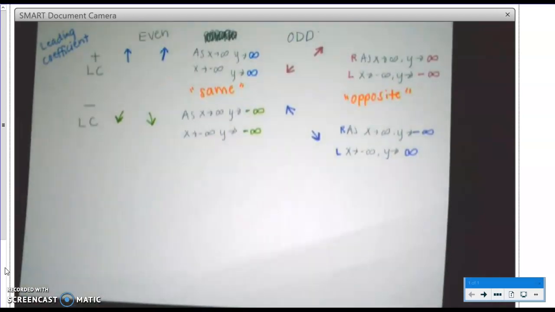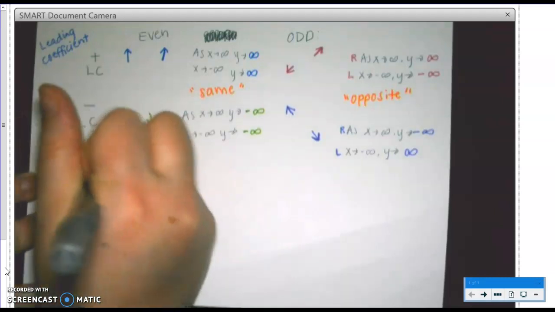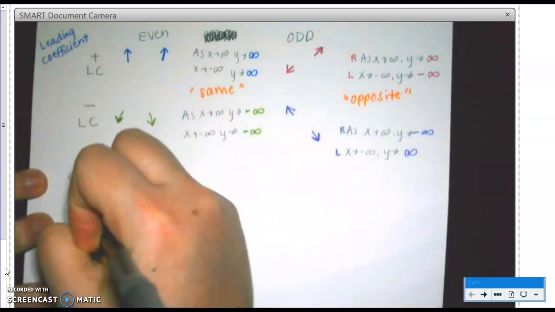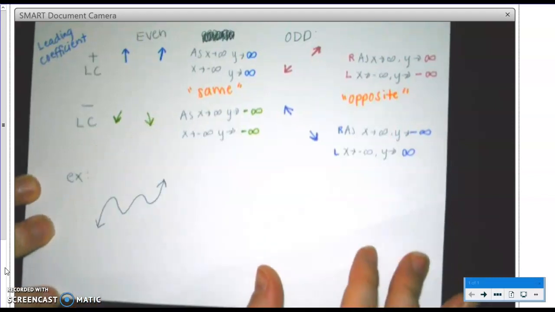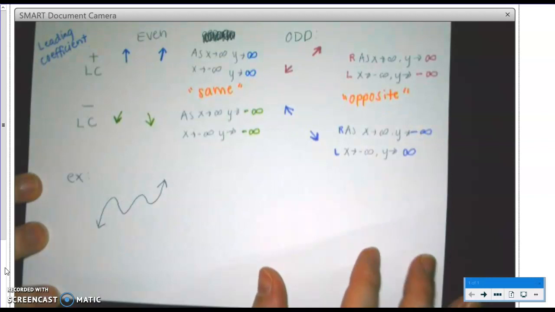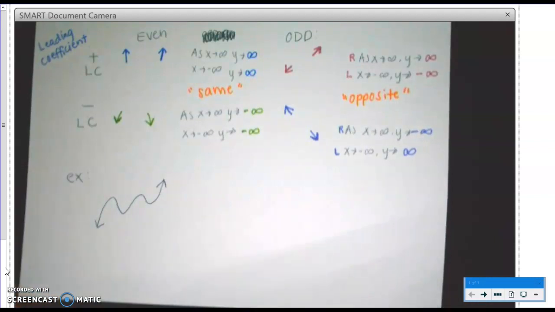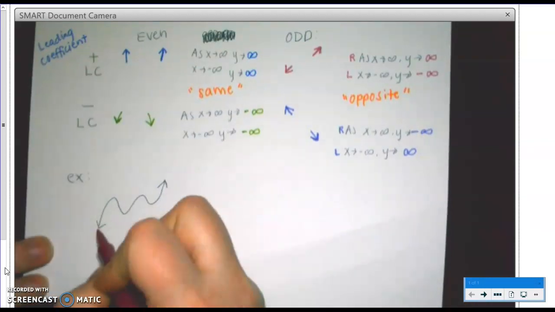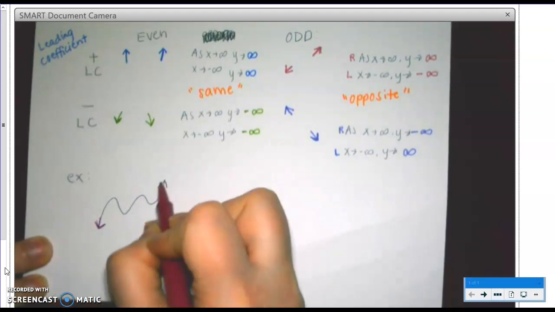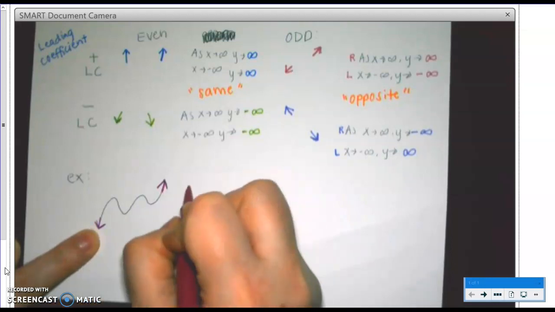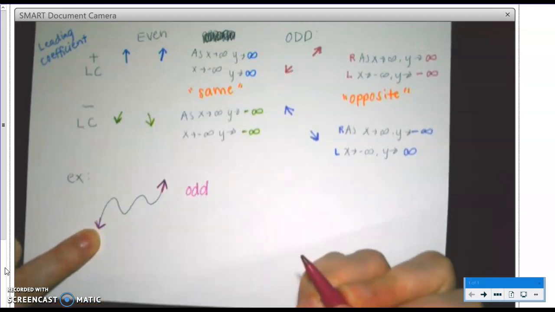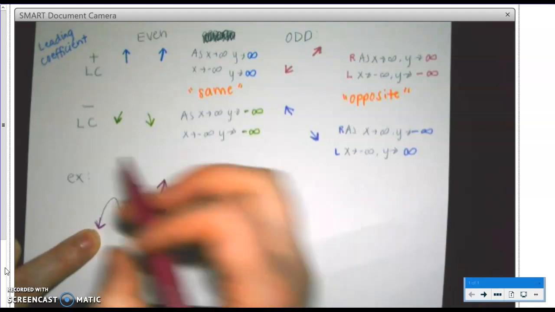So just for an example, if I had this sketch, I can tell by looking at that graph, look at my arrows. My left arrow is down, my right arrow is up. Because those are opposite, I know that my exponent would be odd.